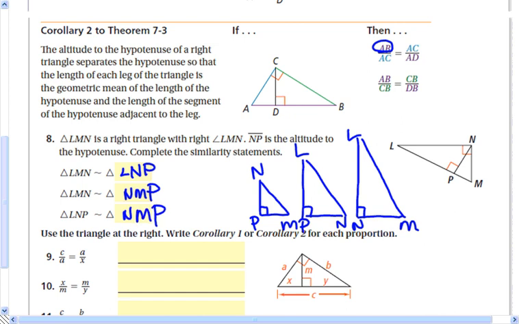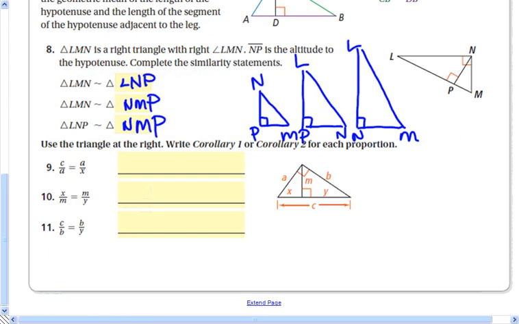All right. Use the triangle at right. Write corollary 1 or corollary 2 for each proportion. Here's how I remember it. Corollary 1 relates the altitude to the two segments it divides. So M is the geometric mean of X and Y. That's corollary 1.